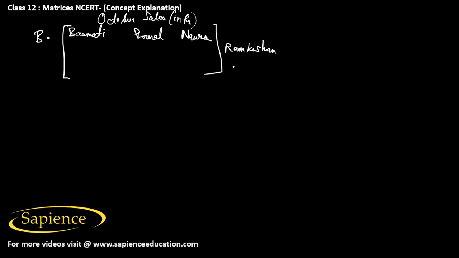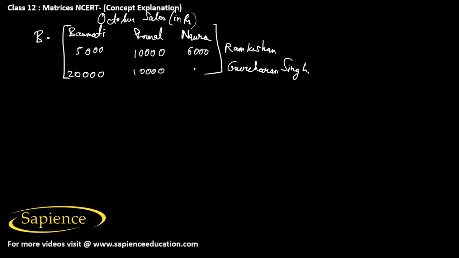The second row is for Gurcharan Singh. The first row is 5,000, then 10,000, then 6,000, then the second row is 20,000, then 10,000, then 10,000.